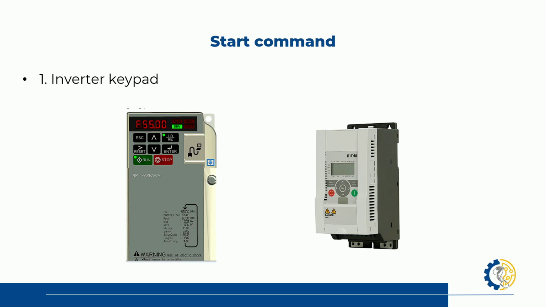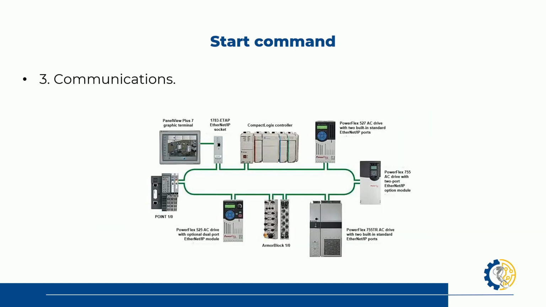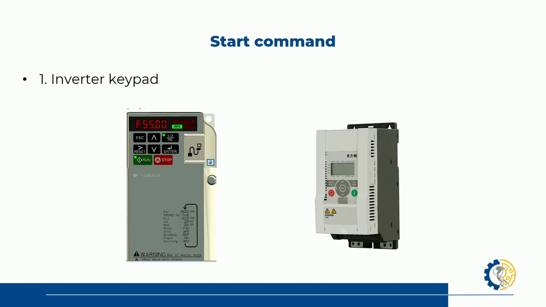So again, I can't select all these startup methods at once. This is very important. This is actually step number 3: commanding what way I am going to start my motor. So we're going to command this, and we have that option.